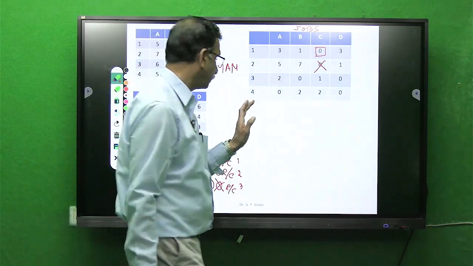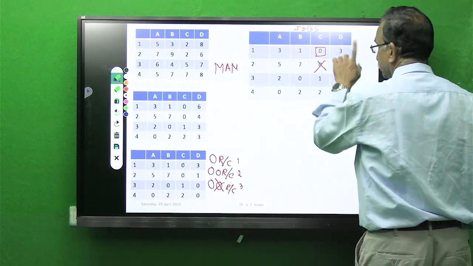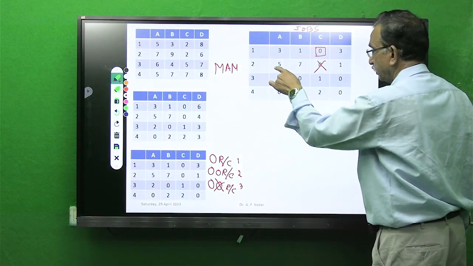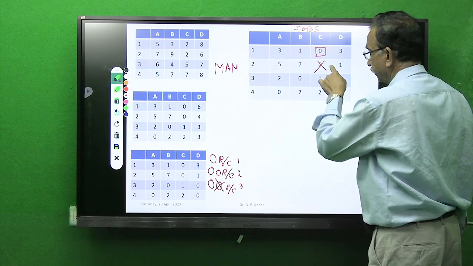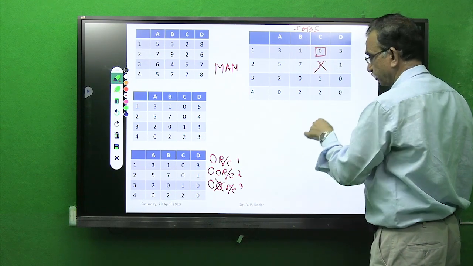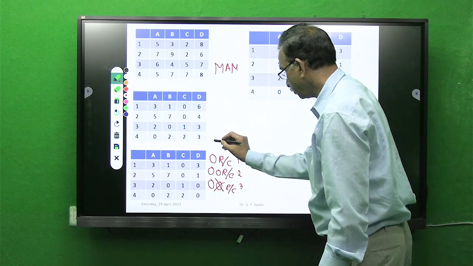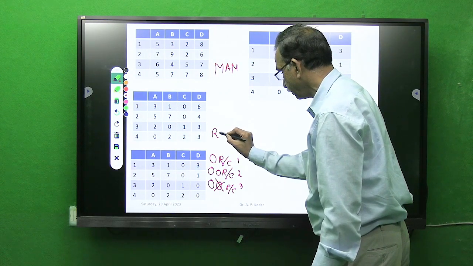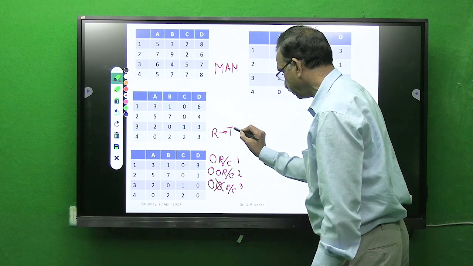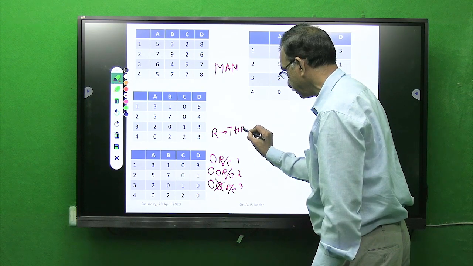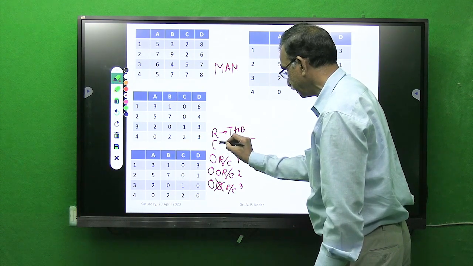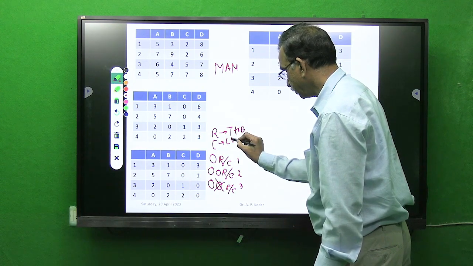So now as per hierarchy, this first is over, second, there is no 0 now, it is crossed off. Again the hierarchy is, for rows, top to bottom, and for columns, left to right.